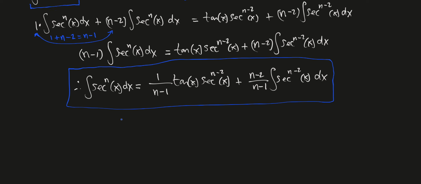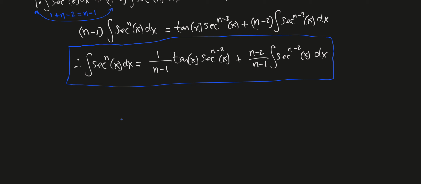So what do we do with this? How do we use it? Well, let me illustrate. So again, I'm going to go back and write down what we know about the antiderivative of powers of secant.